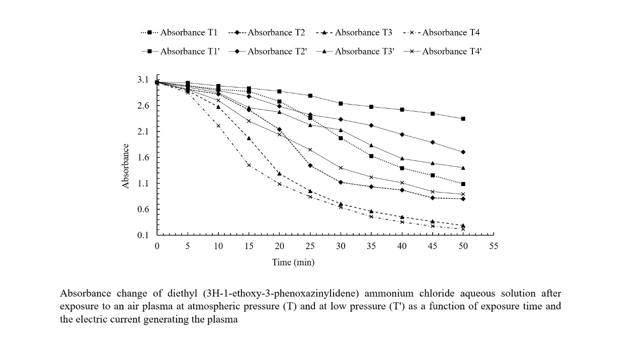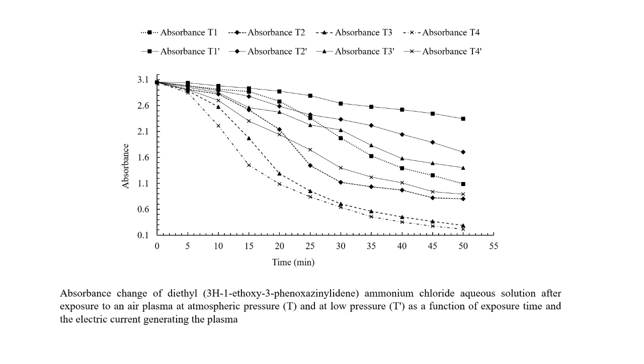The absorbance behavior of the solution of interest after exposure to plasma generated in air-water at atmospheric pressure and low pressure has a decreasing trend depending on the exposure time and the value of the plasma generation current. The decrease in the absorbance value is related to the current applied in each treatment. The greater the electrical current applied, the more significant the decrease in absorbance over time.